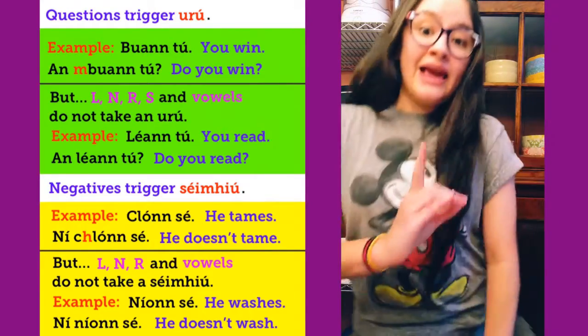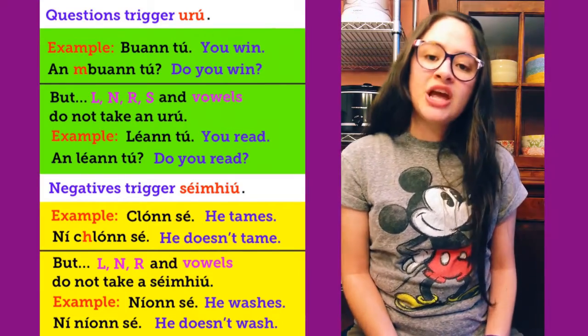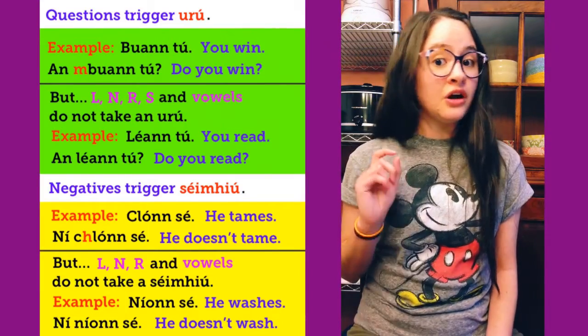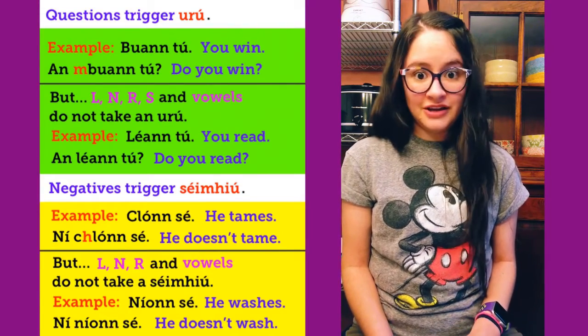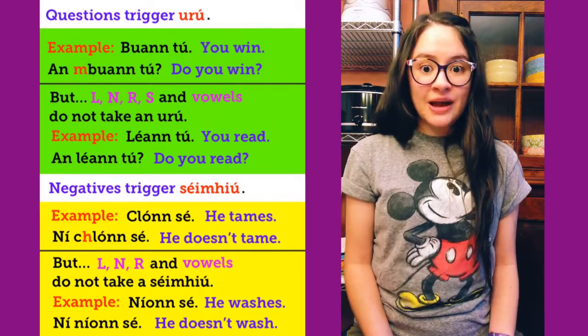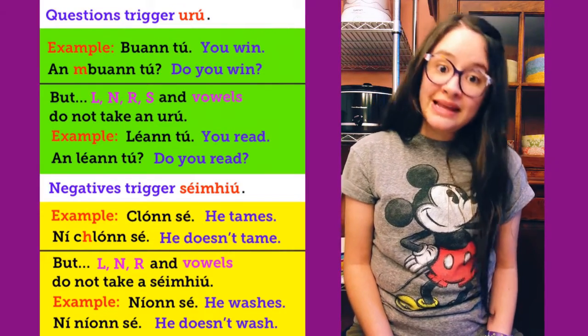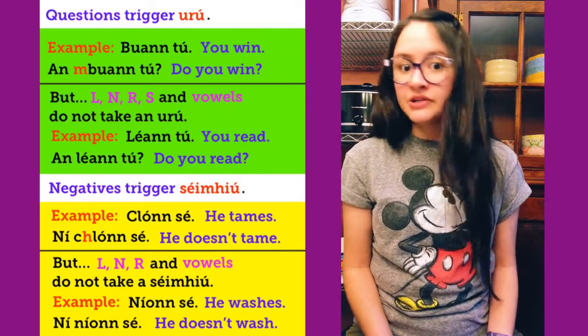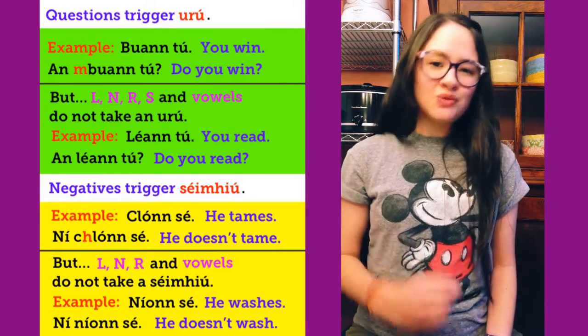We added an H after that initial consonant C, and it changed the sound from K to H. But L, N, R, and vowels never take a séimhiú. So, for example, if you had níonn sé, he washes. Ní níonn sé, he doesn't wash. That verb doesn't change at all because it starts with an N.